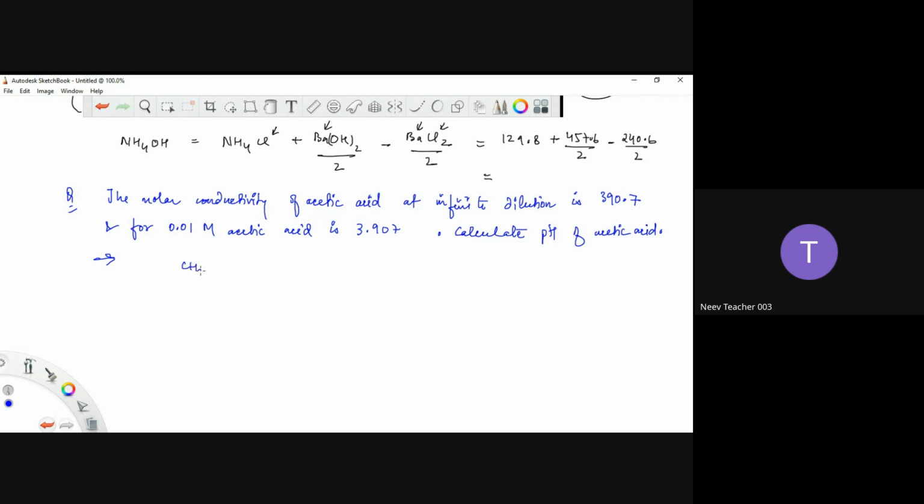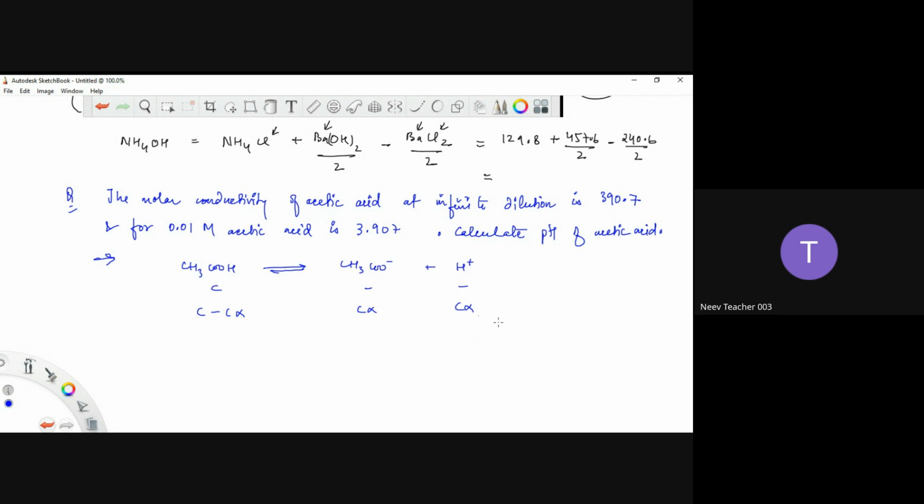Acetic acid is a weak electrolyte, so it dissociates partially. It gives you CH3COO minus and H plus. If C is the concentration, then at equilibrium it is C minus C alpha, C alpha, and C alpha.